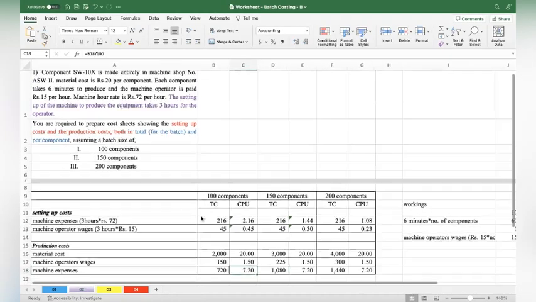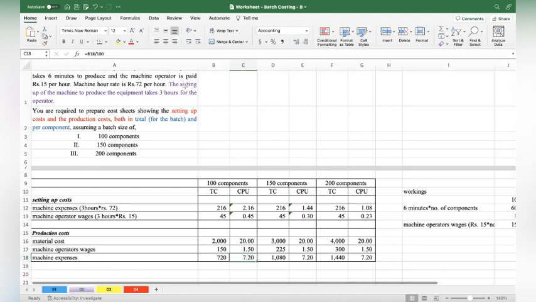So in this question, what we did was we prepared the cost sheet showing the setting up cost and production costs, right? In both total cost and per unit cost. So we assumed 3 batch sizes. First batch had 100 components. Second batch had 150 components.